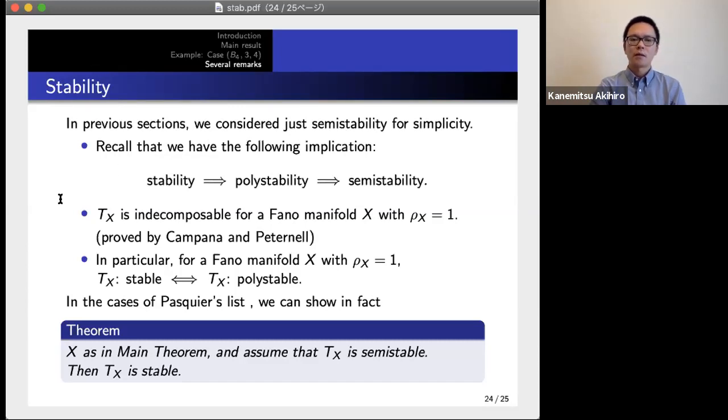But if the bundle in question is the tangent bundle of a Fano manifold with Picard rank 1, then it is indecomposable. This is proved by Campana and Peternell. And since it is indecomposable, the stability of the tangent bundle of a Fano manifold with Picard rank 1 is equivalent to its polystability. Okay, in the case of Pasquier's list, we can show, in fact, the tangent bundle is stable if it is semi-stable.